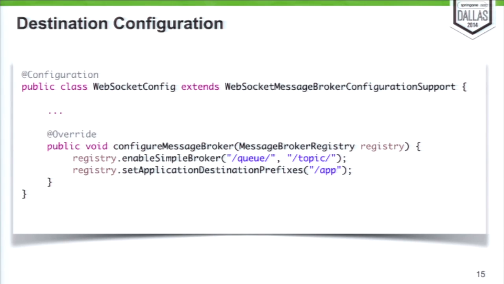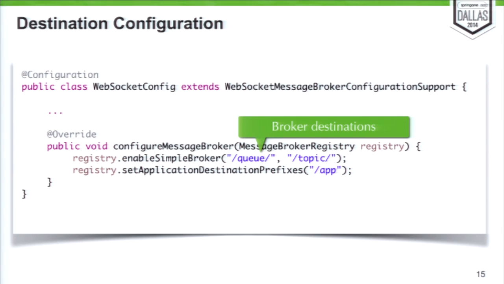So let's talk a little bit about the destinations and how we define application destinations and broker destinations. That's going to be done in the same configuration that we have seen. Right? So we have seen the WebSocket message broker configuration support. Now we're going to configure these destinations. The first thing that we see here is that we enable the simple broker. We have said that we have 2 options here. At the end of the day, we need a broker to process the STOMP messages.